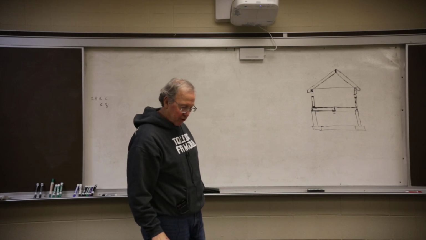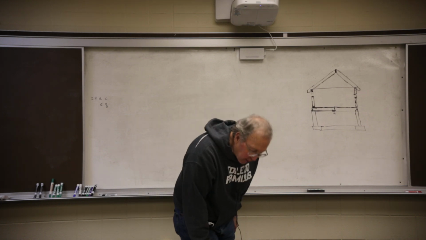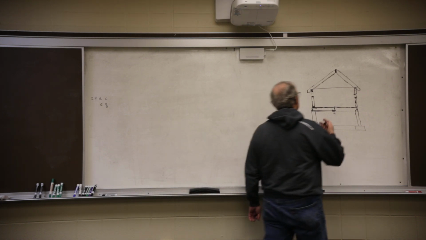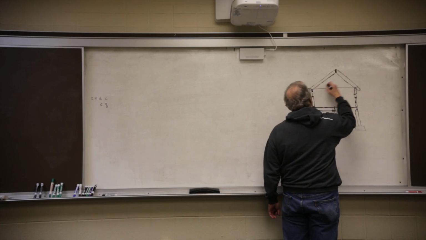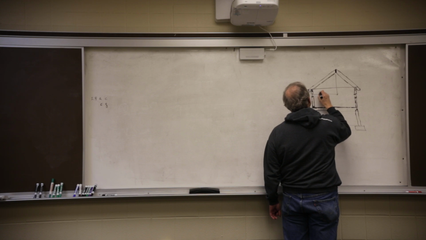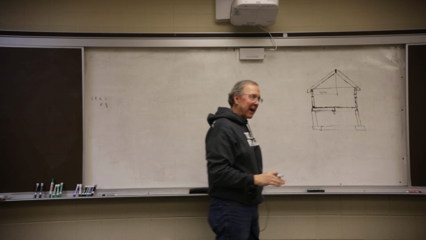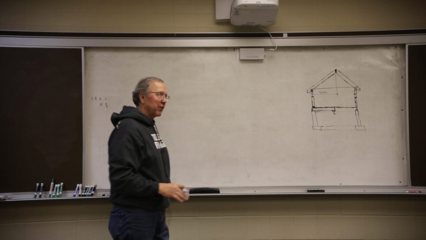Okay, so the span. If you look at the picture, it shows you. The span of a rafter is from the center of the wall to the center of the ridge board. It's the horizontal projection, not the length of the rafter.